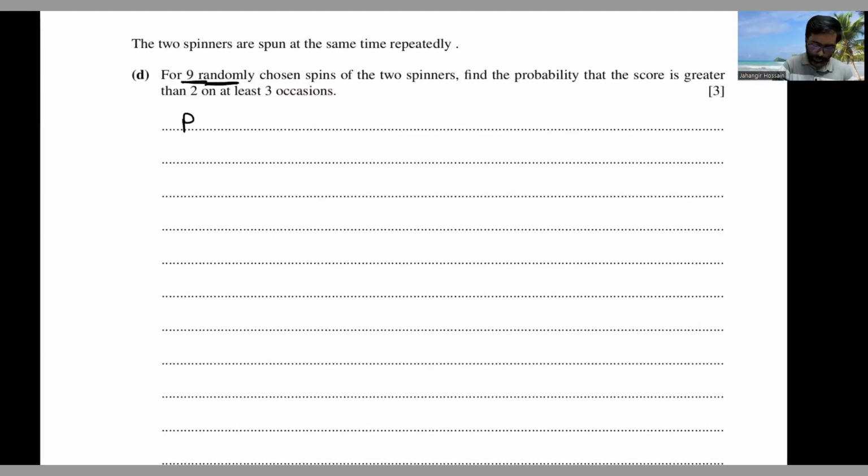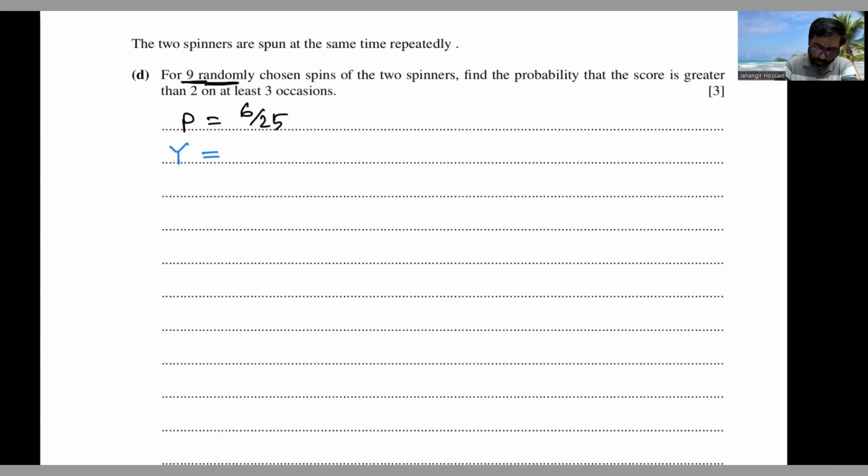So we have p is 6 by 25, and we have a total of 9 spins of the two spinners, and you have to find that the score is greater than 2 on at least 3 occasions. So here the variable is a number.